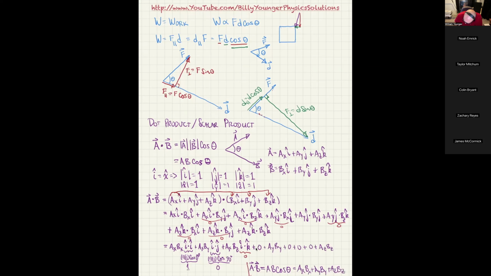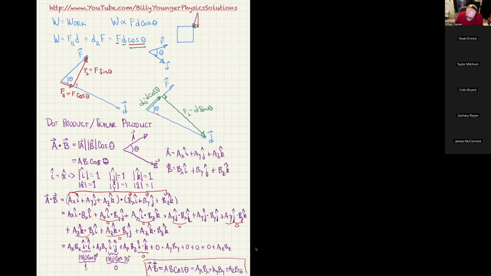And that's how you can use, for instance, if you have the three components of the two vectors, you can use those to find out an answer for the dot product. You can also use those to calculate the magnitudes of the individual vectors. So you can put that in the AB cosine theta form, and then you can solve for cosine theta, and that'll give you the angle between those two vectors. So that's kind of a nice, helpful sort of thing.